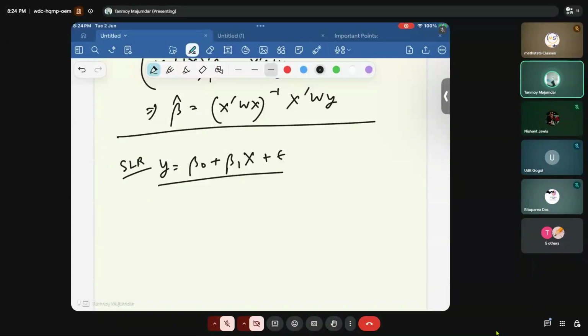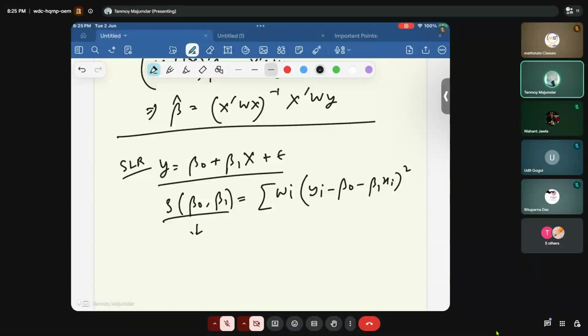And if you want to apply the weighted linear regression method, the sum of squares of beta naught, beta 1 equals the sum over wi (yi minus beta naught minus beta 1 xi) whole square. Now you just take the derivatives of the sum of squares with respect to beta naught and beta 1 and you will get the normal equations.